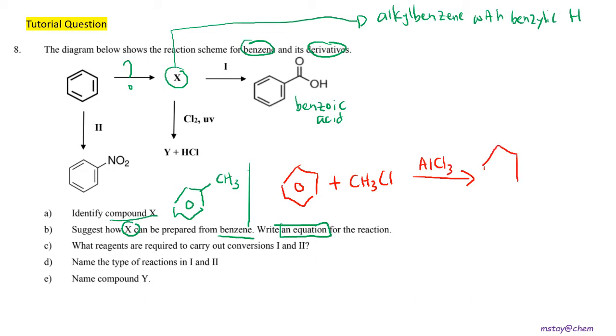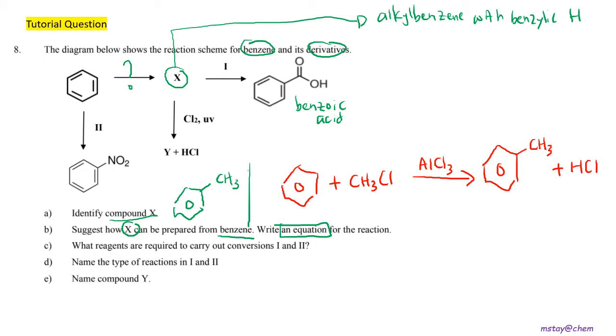One of the hydrogens in the benzene will be replaced by the CH3, because CH3 is the electrophile in the CH3Cl. And then the H plus will combine with the Cl negative to form HCl. So this is the equation where we need to give the organic compound and also the side product.